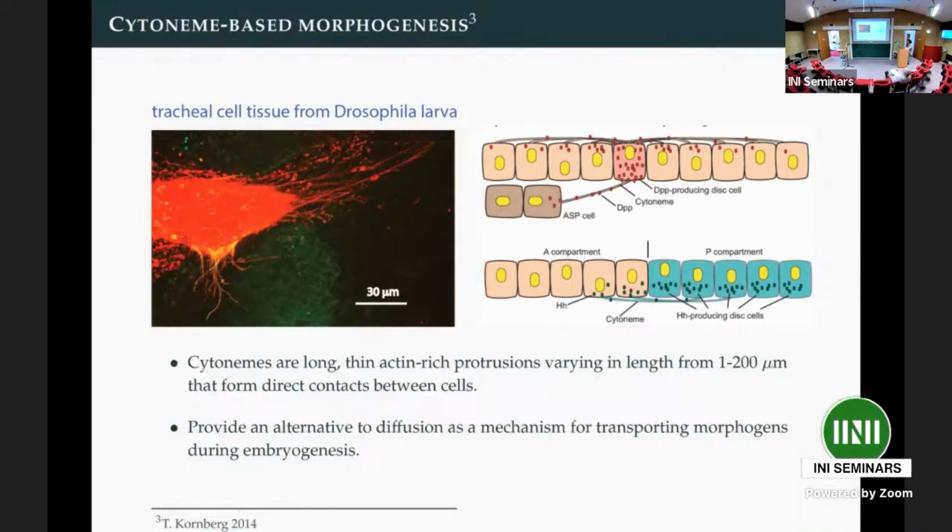If you're thinking of morphogenesis, what you imagine is you have source cells producing morphogen and making direct contact with neighboring cells via these cytonemes, and the morphogen transports along these cytonemes, and the effectiveness of the transport varies with distance. This becomes an alternative to diffusion as a mechanism for setting up morphogen gradients during embryogenesis.